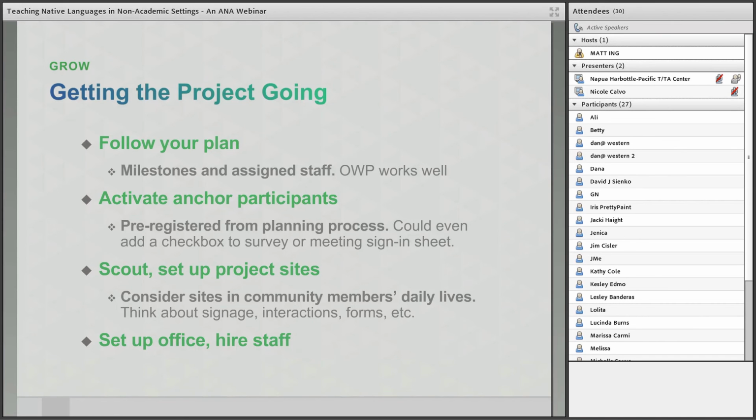Sometimes people are more interested in having projects that are more accessible to the staff and to the office than to the community.